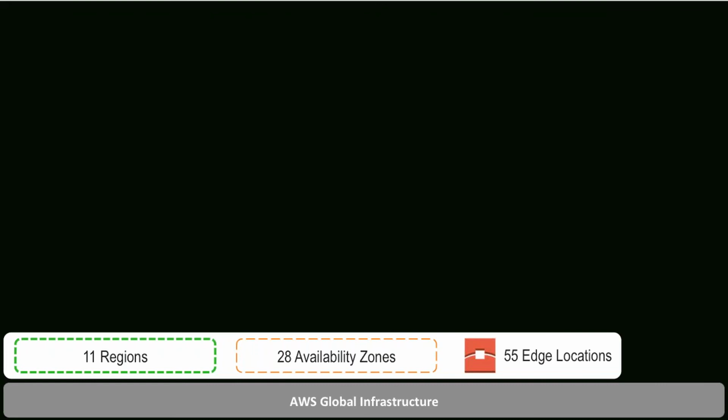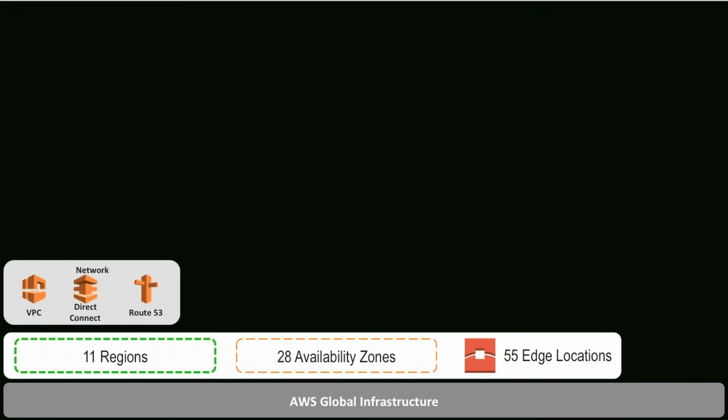And I mentioned 55 edge locations, and there's anything from Route 53 DNS, which we'll be looking at later on as part of our web hosting common workload, and also content delivery network, which is another one that we mentioned. It's to accelerate the delivery of your website using our CloudFront content delivery network. So of course customers don't have to build anything. These regions, availability zones, and edge locations are provided by AWS.